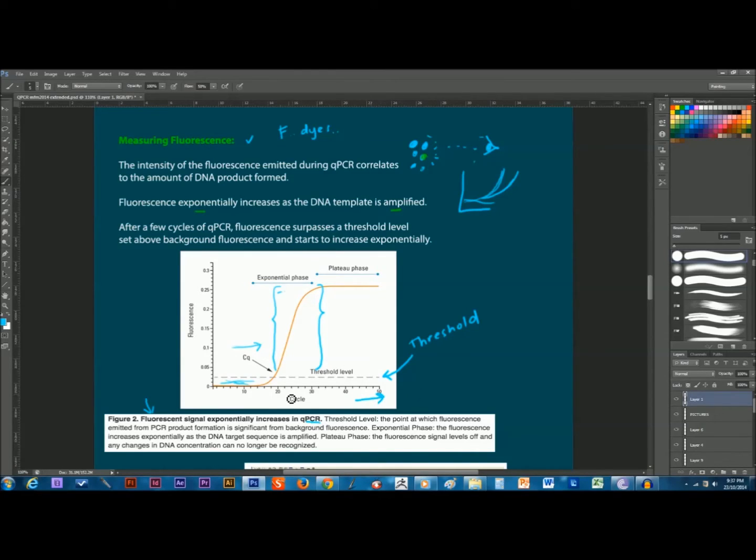So with more cycles, more DNA will be produced and more fluorescence signal will be emitted until it reaches the plateau phase. Okay, this is the plateau phase. In the plateau phase, the fluorescence signal levels off and any changes in DNA concentration can no longer be recognized. So actually the analysis is based on the exponential phase.